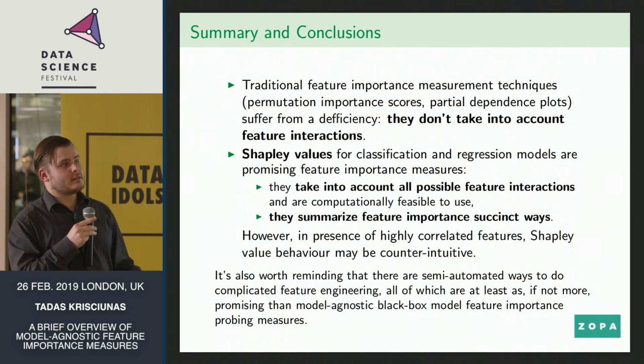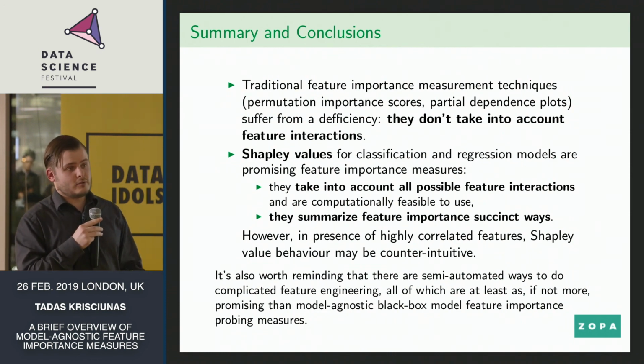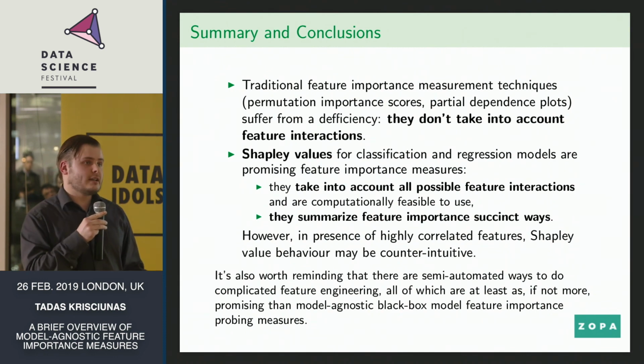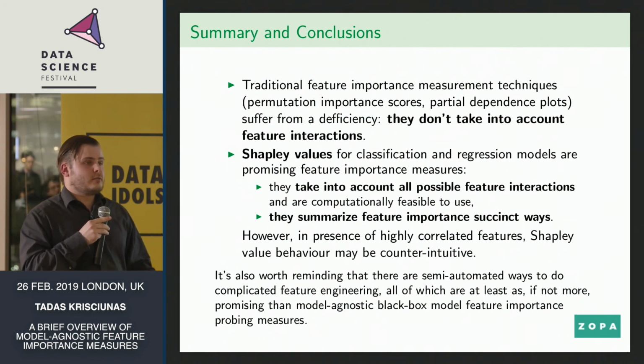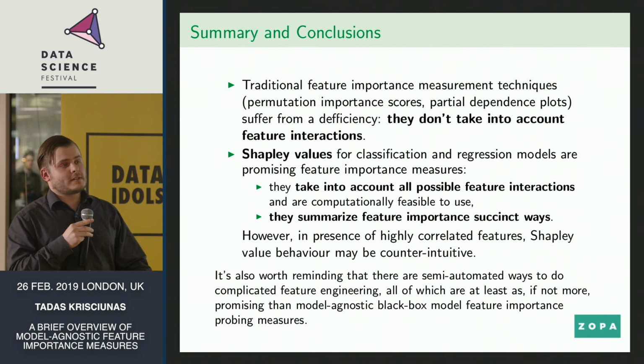We have then looked at Shapley values, which do. But we have also noted that there are some caveats around the use of Shapley values, specifically when we have a highly collinear set of features. We should be aware that the feature contribution to the model will be redistributed for very similar features to all of them equally.